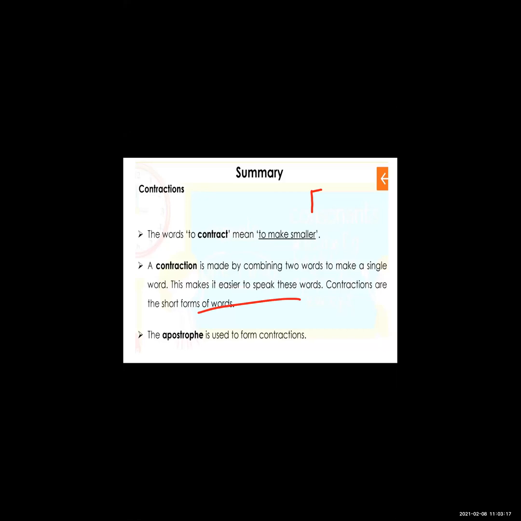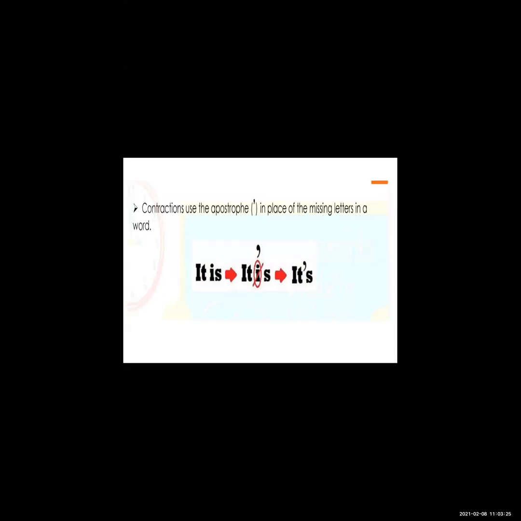Now see, contractions use the apostrophe in place of the missing letters in a word. See here, you can see there is a small comma-like symbol here and here.